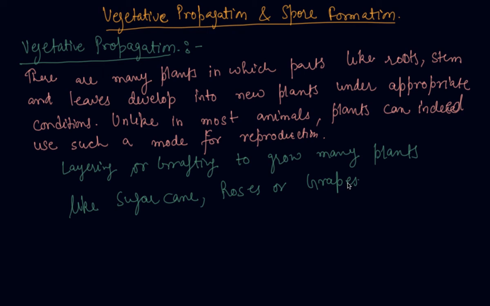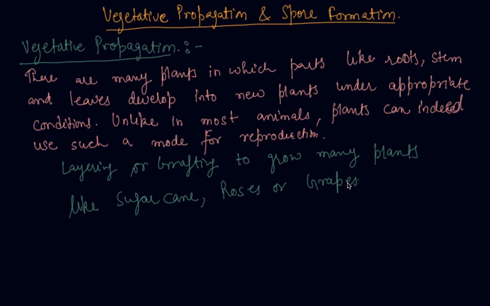So the plants raised by vegetative propagation can bear flowers and fruits earlier than those produced from seeds. So this is the main advantage of the vegetative propagation method.